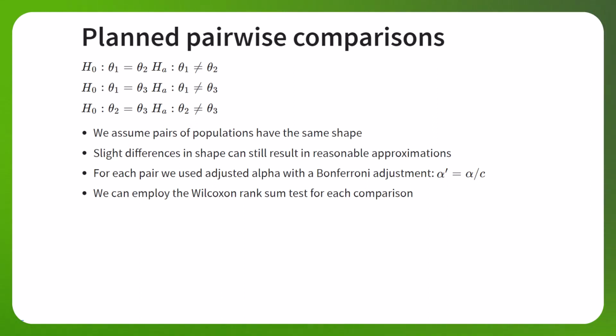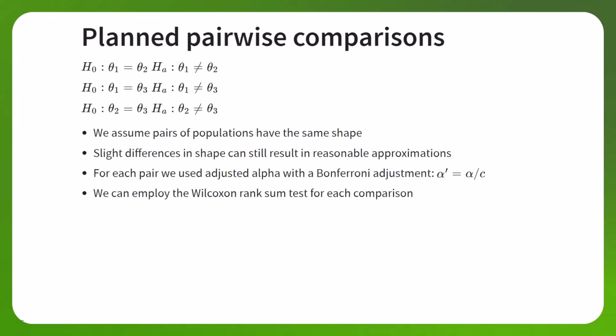What does that give us? That gives us a family-wise type 1 error rate of our nominal alpha. So if alpha is 0.05, the family-wise type 1 error rate would be 0.05. That means that we will be 95% confident that all of our confidence intervals will contain the true parameter.